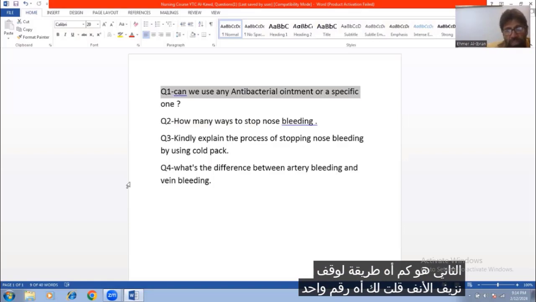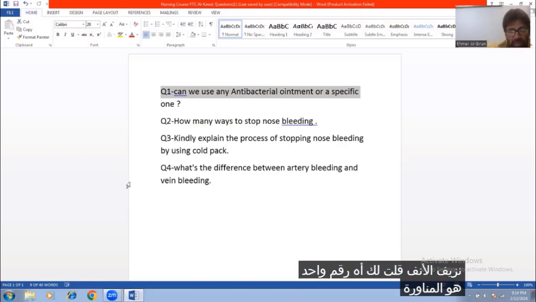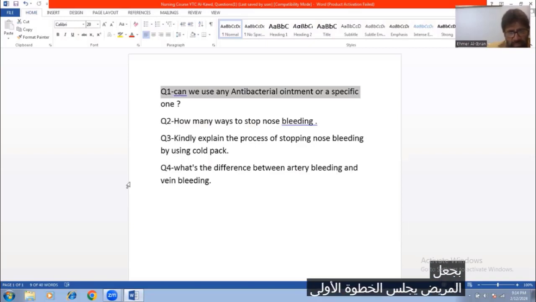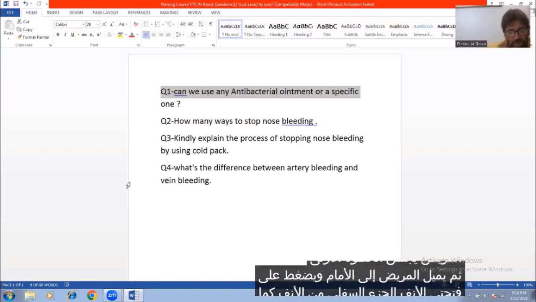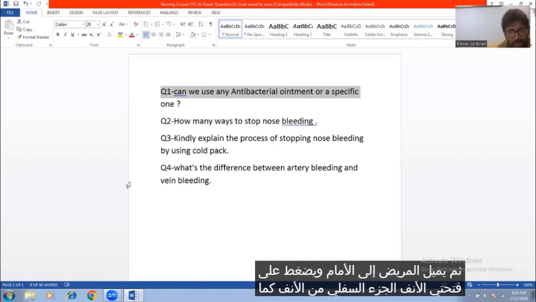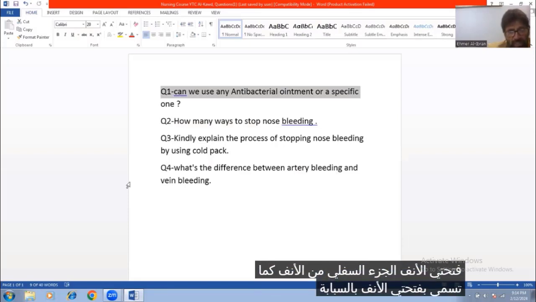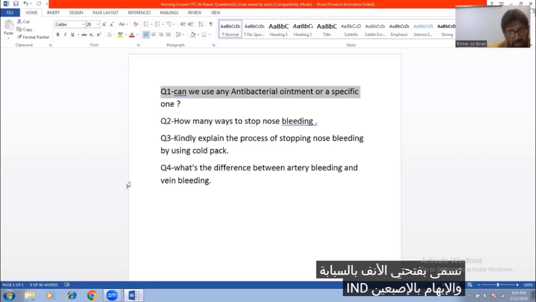I told you, number one is the maneuver: make the patient sit, that is the first step, and then lean the patient forward and pinch the nostrils, the lower part of the nose, with the index finger and thumb.